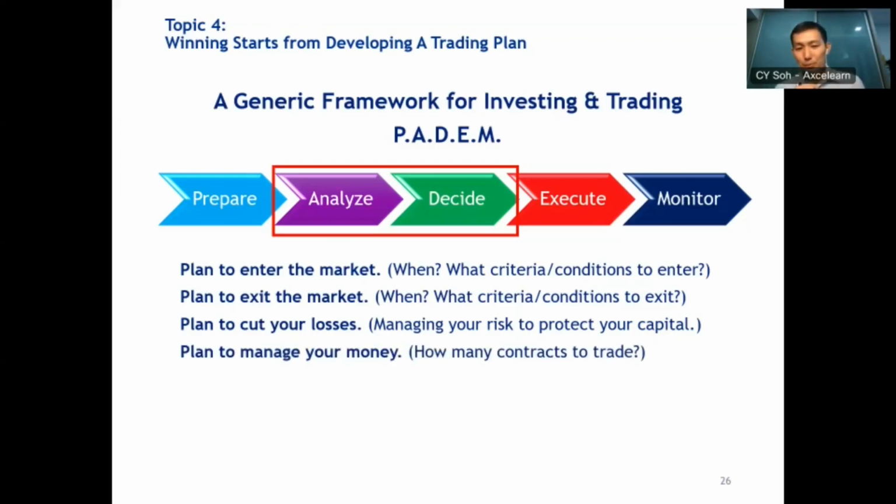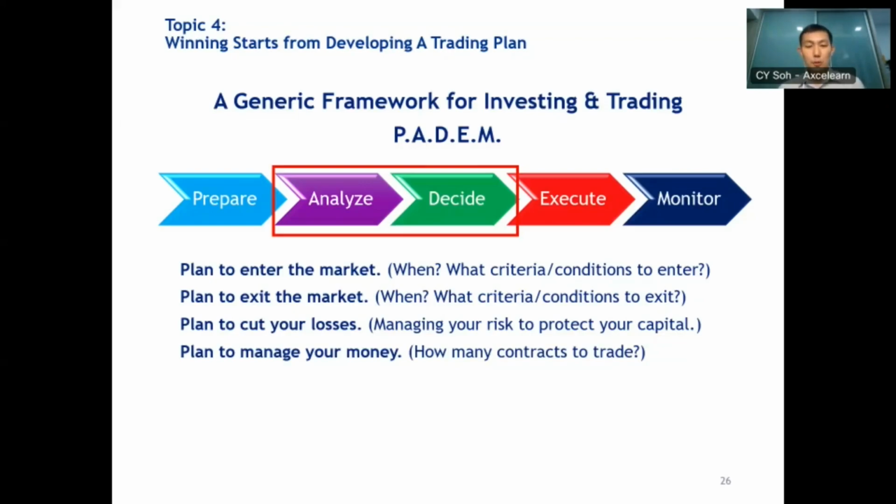Fourth, you need to have a plan for how to manage your money. Okay, how many contracts are you going to trade? Trading futures is a little bit different from trading stocks, because with stocks you don't have something called initial margin, but with futures you need to be aware of changes in initial margin, because initial margin is the minimal amount for you to be able to open one contract.